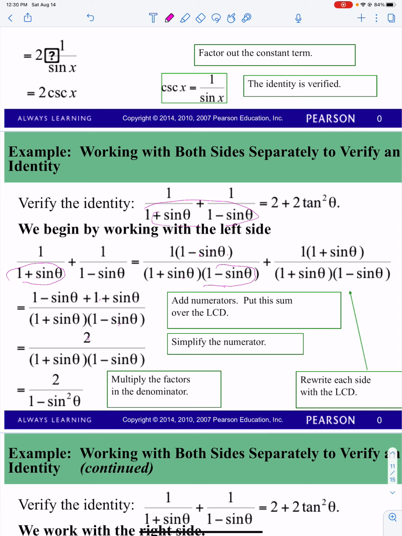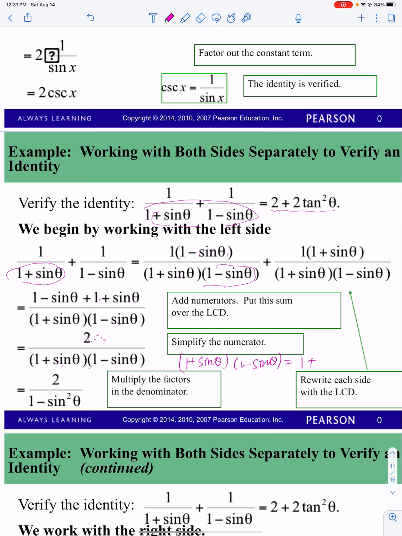So then what should we do for this one? Because on the right side it seems 2 plus 2 tangent squared, and there is nothing we can cancel, so we have to FOIL this. 1 plus sine theta times 1 minus sine theta. So what do you have?